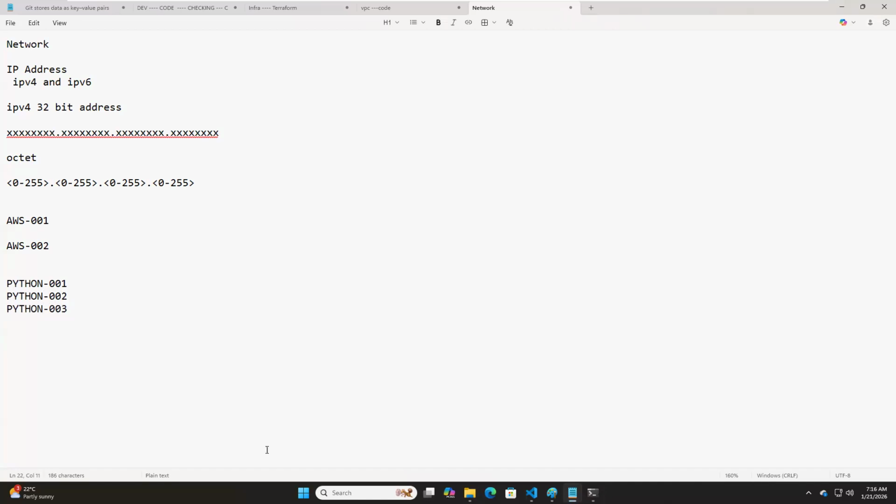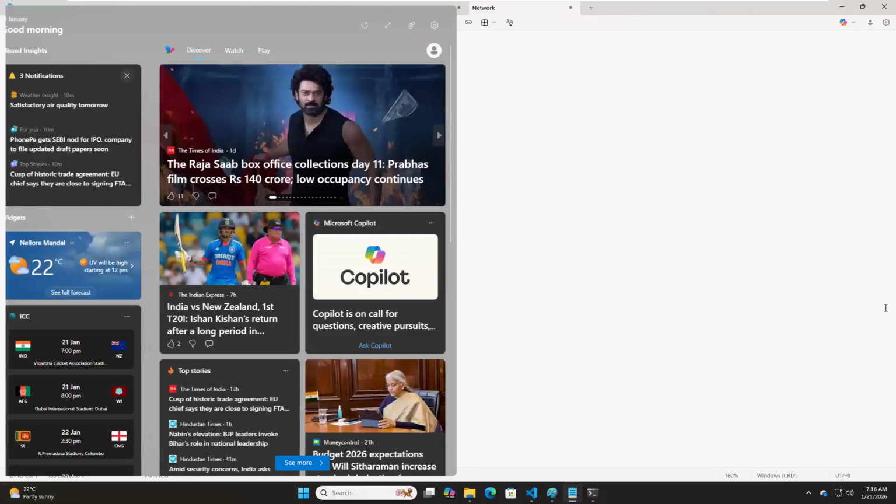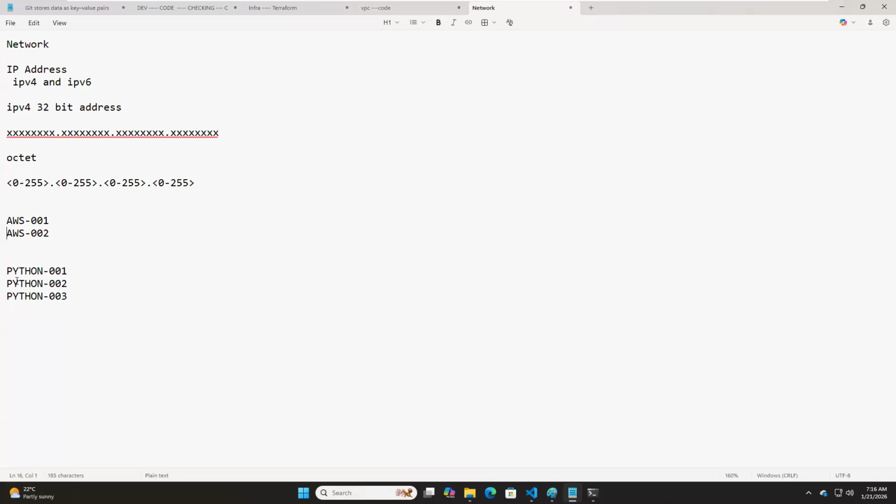When I assign these numbers and I want all the students to enter into a corridor and separate based on their classes, I can recognize that this student belongs to AWS and this student belongs to Python, because of the ID card I have given to the student.